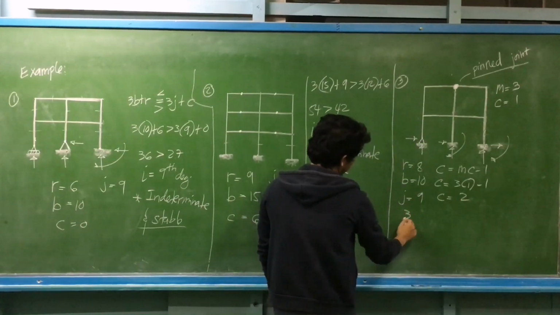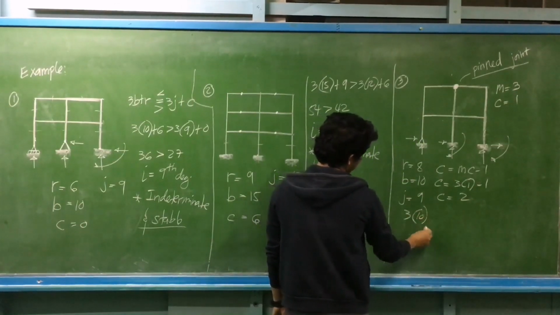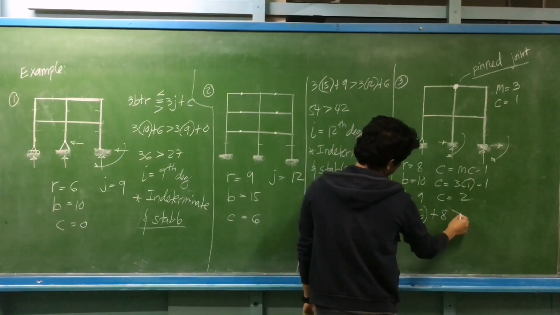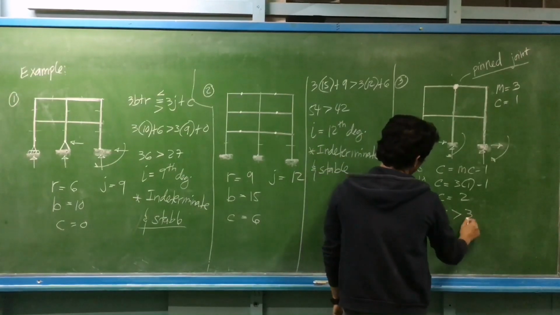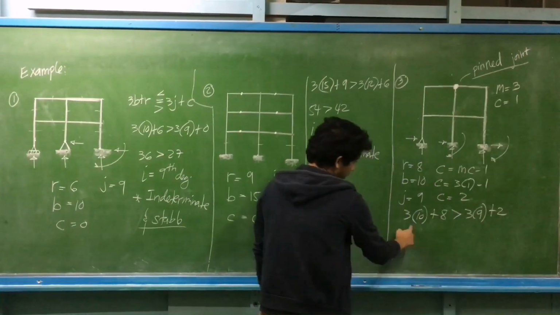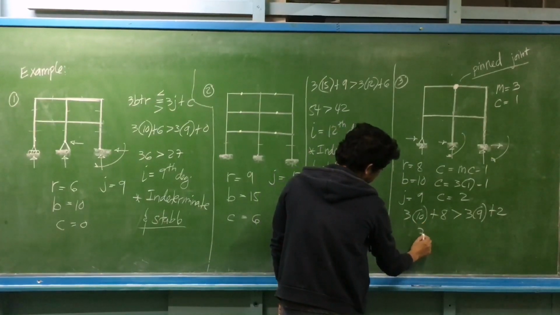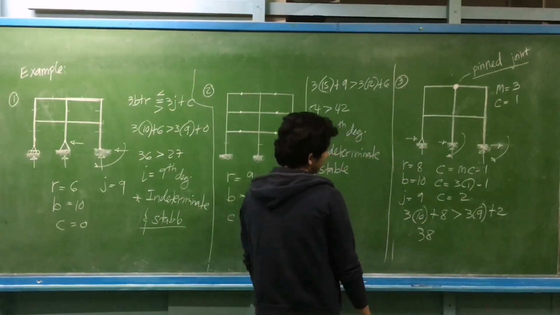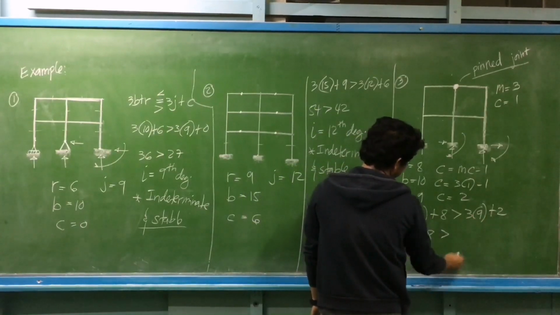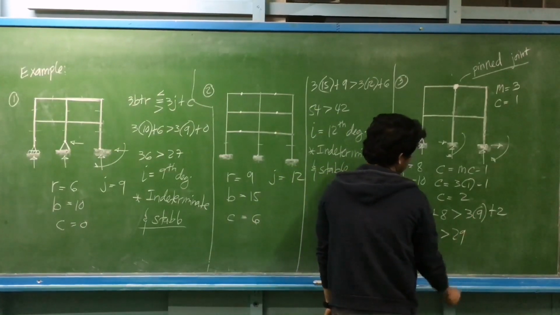So this will be 3 times the number of bars, 10. Number of support reactions, we have 8. Is it greater than? We have 3 times 9 plus the value of C, which is 2. 30 plus 8, we have 38, greater than 27 plus 2 is 29.